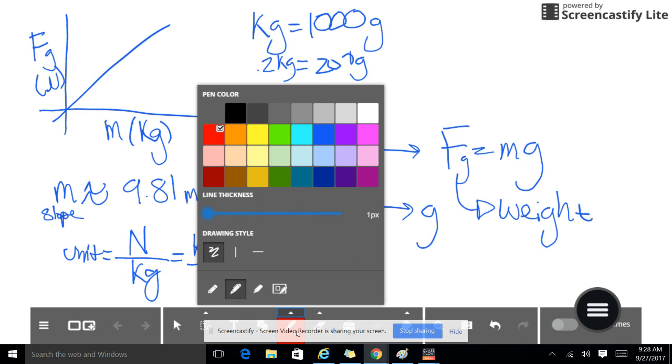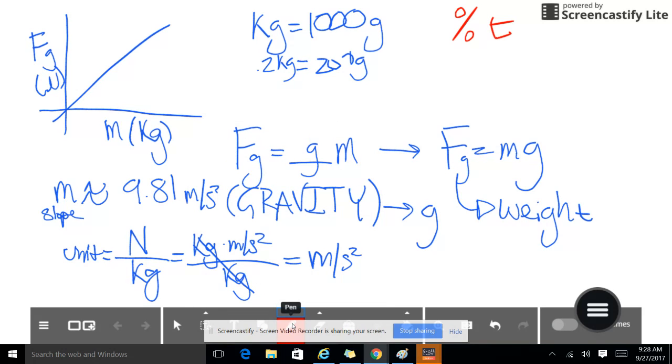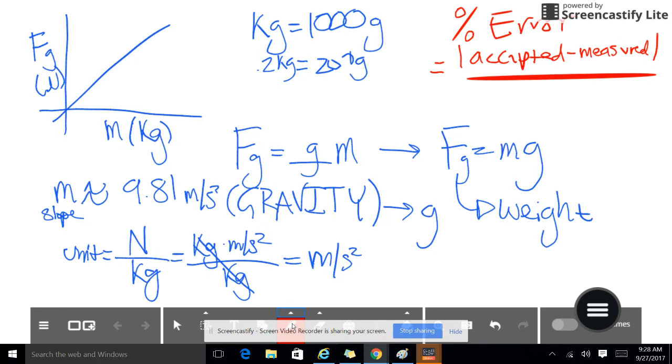So we want to figure out percent error. How you do that is you take the absolute value of the accepted number subtract away the one you measured, absolute value of that subtraction, divided by the accepted value.